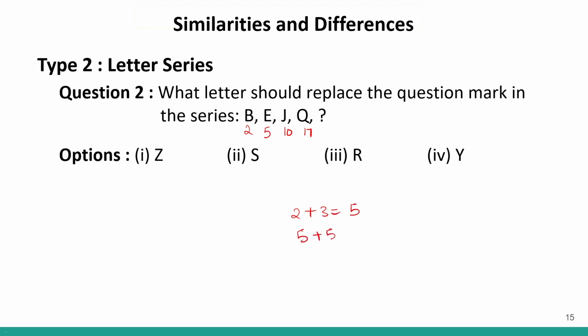Similarly, 5 plus 5 gave me 10th position. 10 plus 7 gave me 17th position. So we are adding consecutive odd numbers. So 17 plus 9 will give me 26th position. So here we'll have the 26th position, and 26th position clearly belongs to the alphabet Z. So our answer will be option number 1, Z.